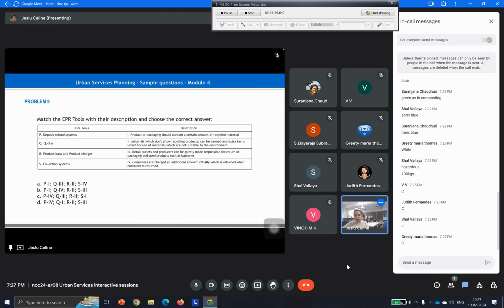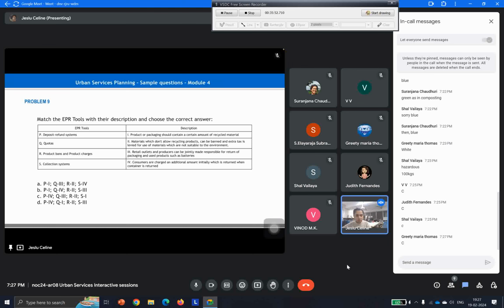Which of the descriptions best suit deposit and refund system? Product in packing should contain certain amount of recyclable material? No.